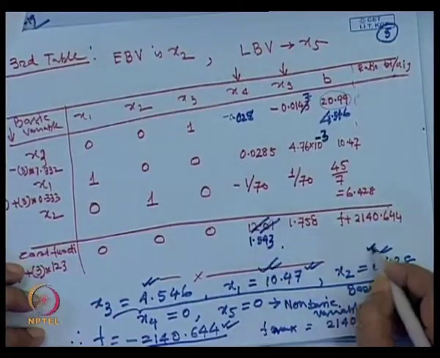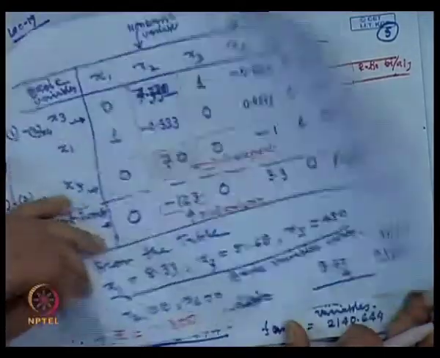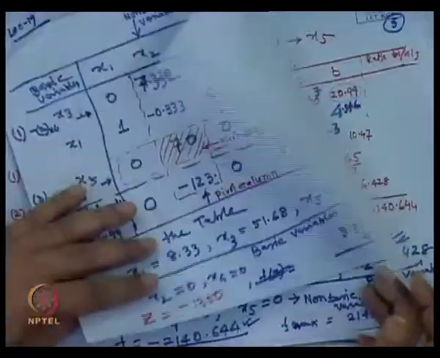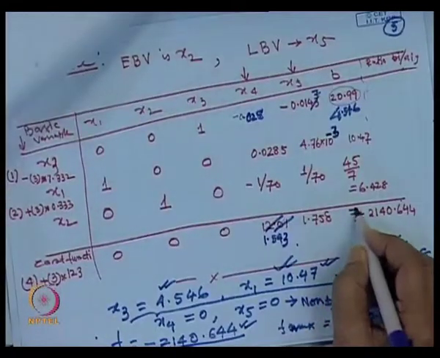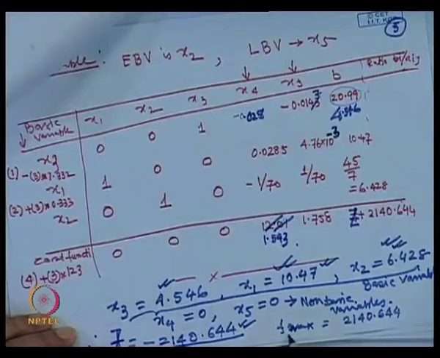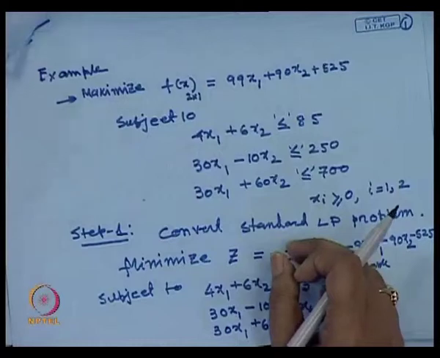And this will actually be z, not f. So z is equal to this, and the maximum value of f of x is that quantity. So, this is the way we will solve the LP problem using tabular form.